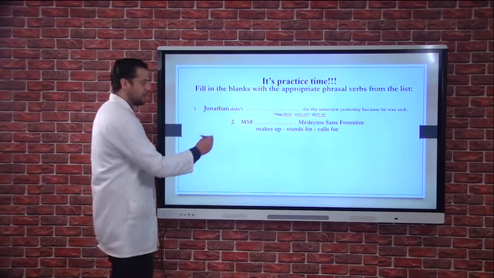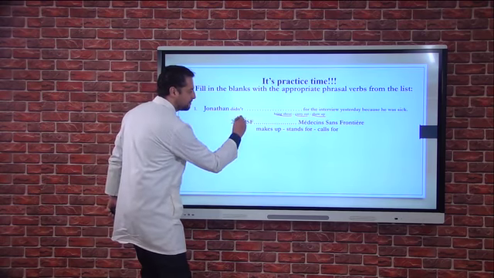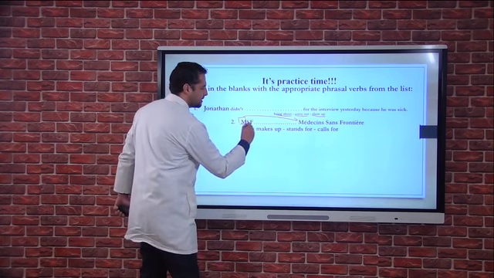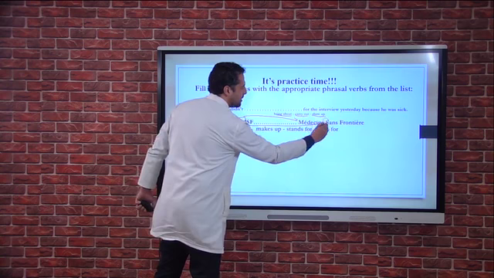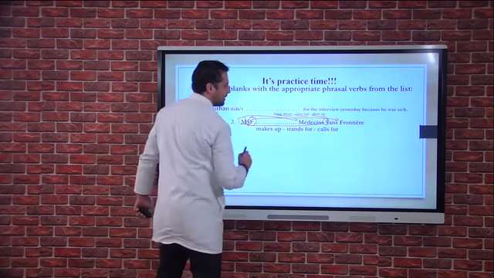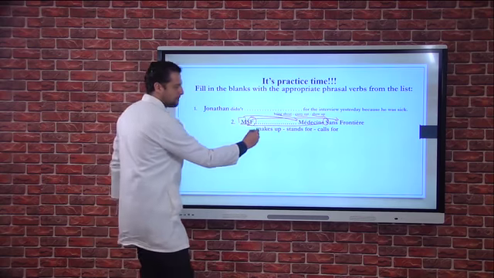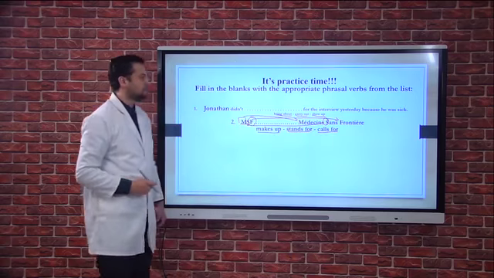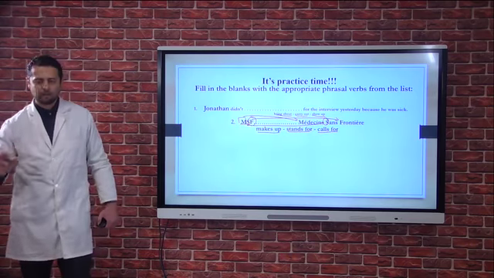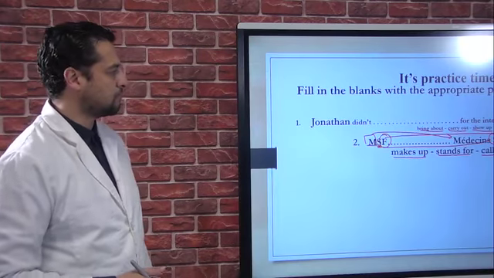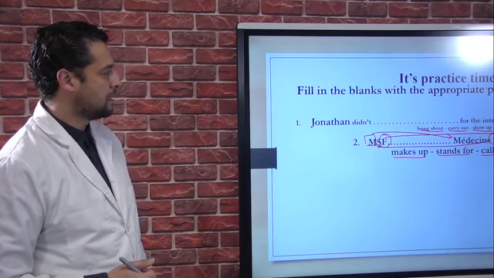And be careful here: we have the M, médecins, we have S, sans, and we have F, frontières, right? So you have the choice here between picks up, stands for, and calls for. So you have to understand the context of the sentence in order to give the correct answer, right?